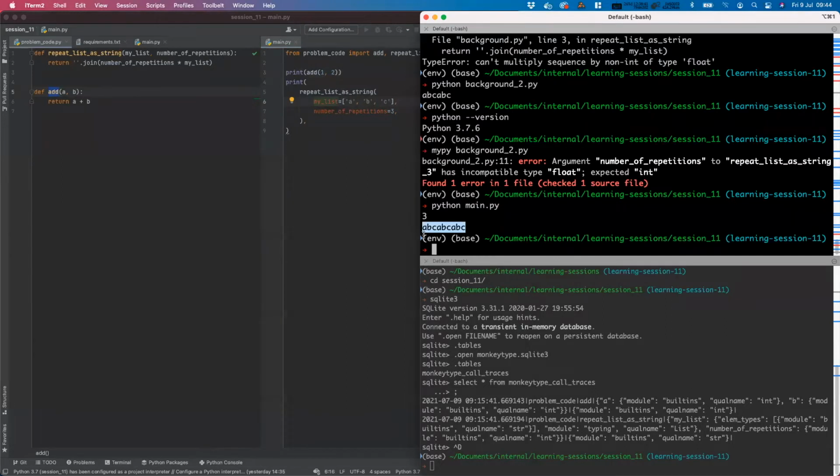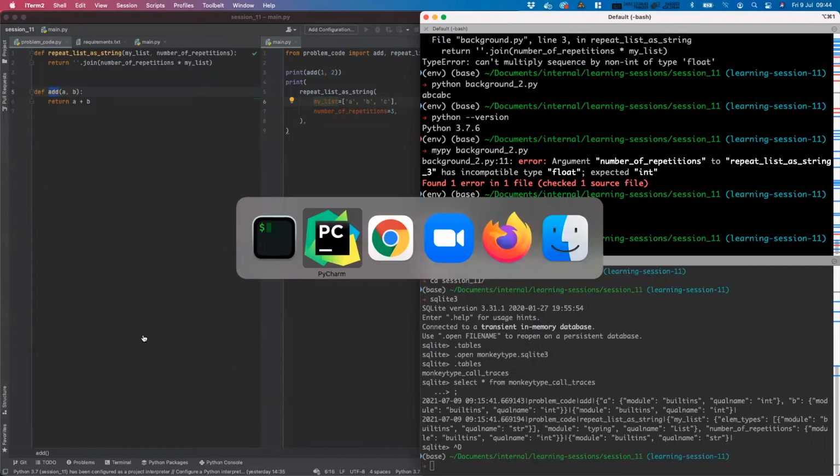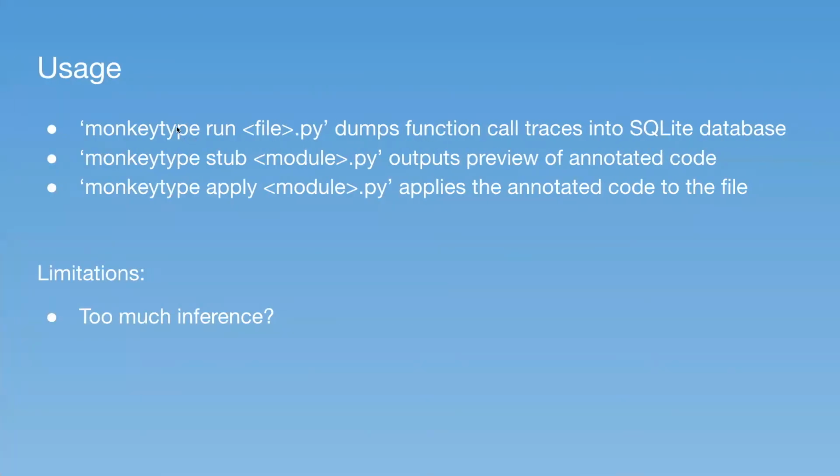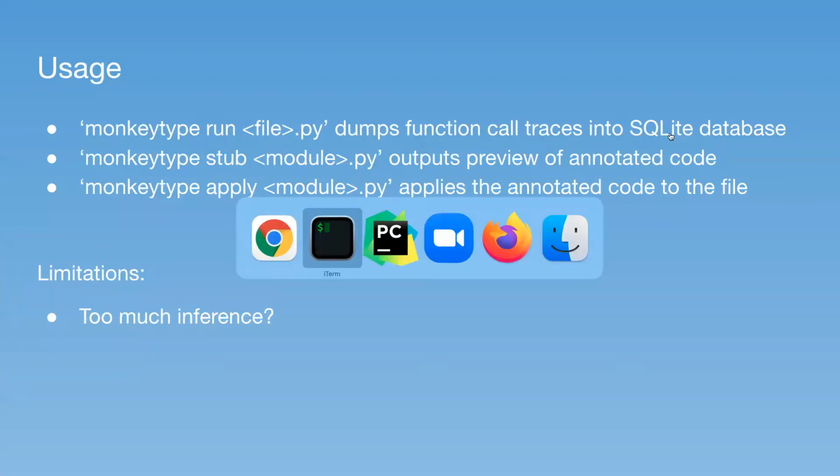Now, what we're going to do is use MonkeyType to add type annotations. Our first command is monkeytype run main.py, and what we're saying is that it dumps all of the function call traces into a SQLite database.